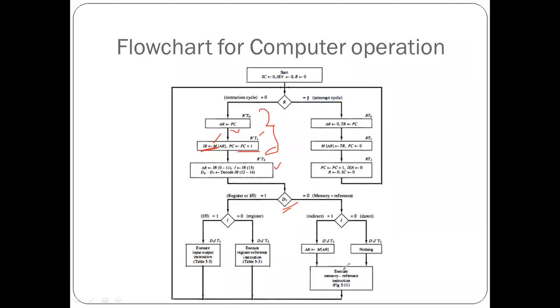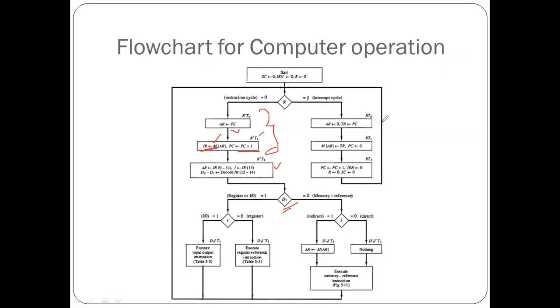At any instant of time, if either of the bits FGI or FGO is set while doing execution, then the R bit is set to 1, and it will enter the interrupt cycle.